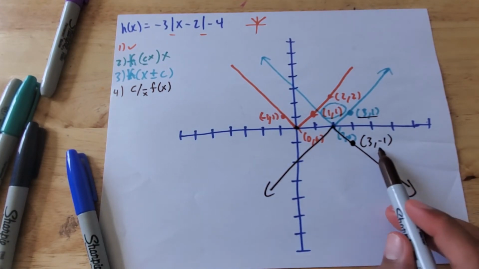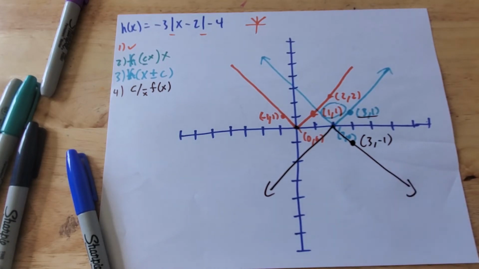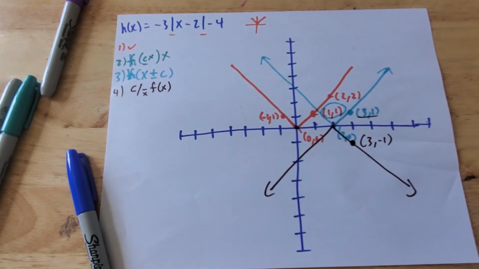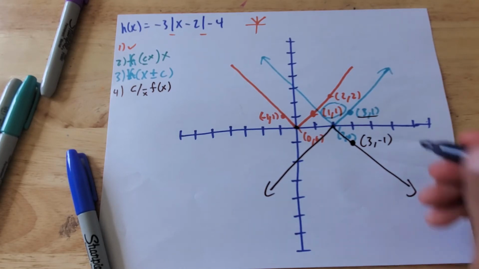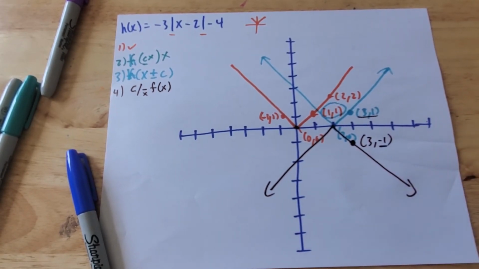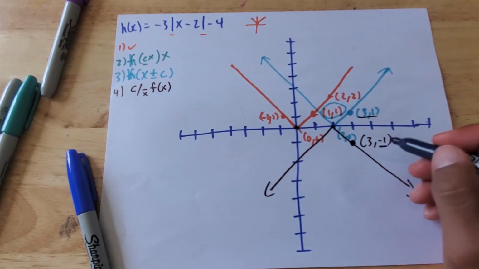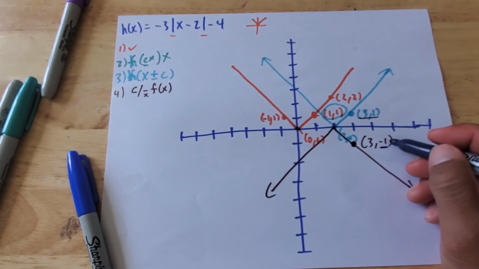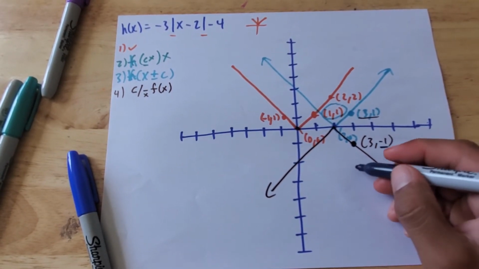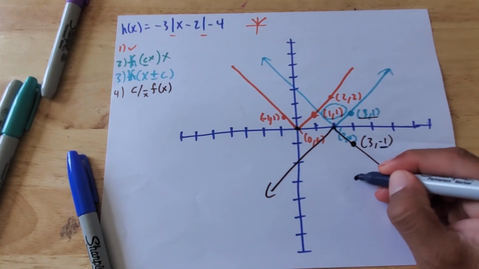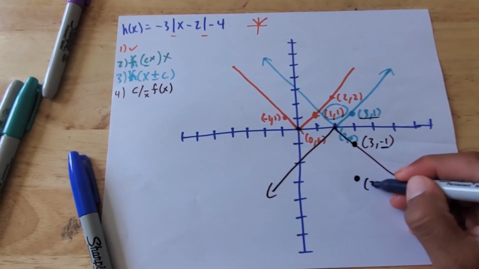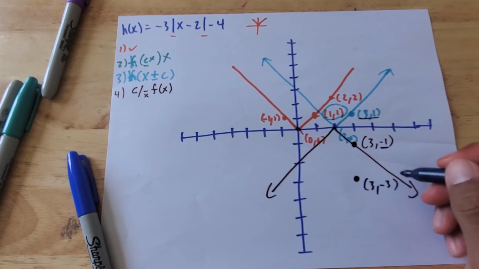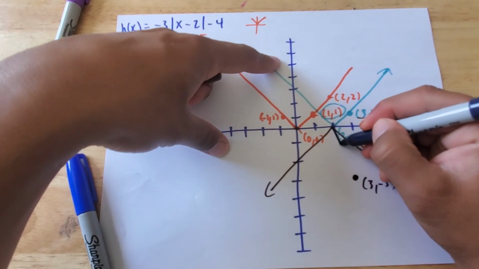But what's going to happen to this coordinate now? Let me use another color. We're going to multiply this y coordinate by 3. So negative 1 times 3 is going to give us 3 comma negative 3. So it's going to bring this coordinate down here, 3 comma negative 3.